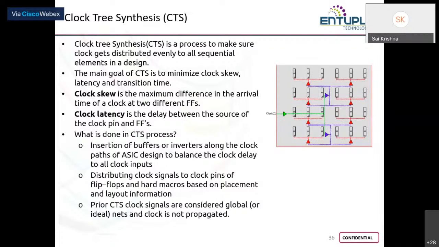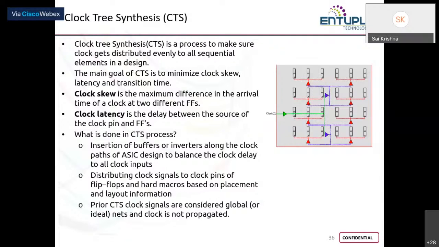We are adding clock inverters or clock buffers. So starting from your design clock input, you take a clock path, split it up, and wherever required, you add clock inverters and clock buffers so as to make sure that each and every sequential cell in your design receives clock at the same time.